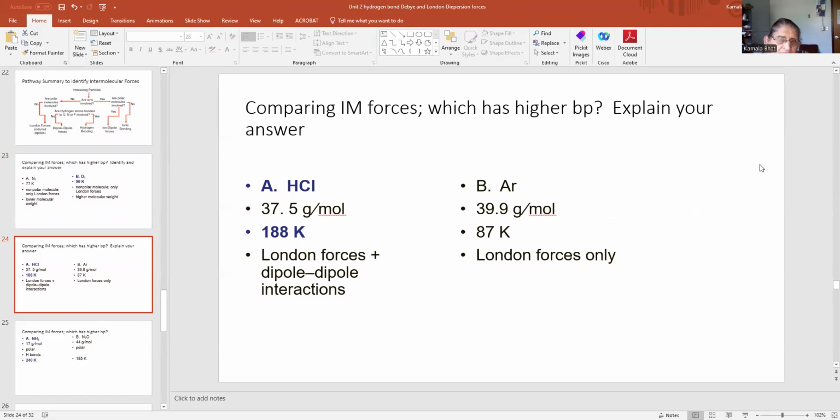Both the molecular mass of HCl and argon are very close to each other, but the boiling point is 188 K for HCl, whereas for argon it is 87 K. In the case of argon, only London dispersion forces come into play. In the case of HCl, we have London dispersion forces and dipole-dipole interactions.